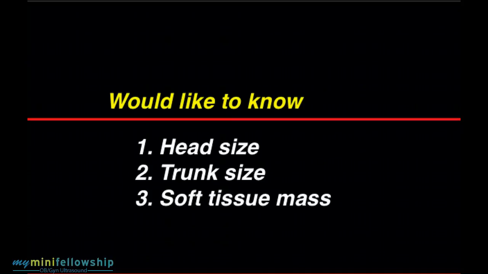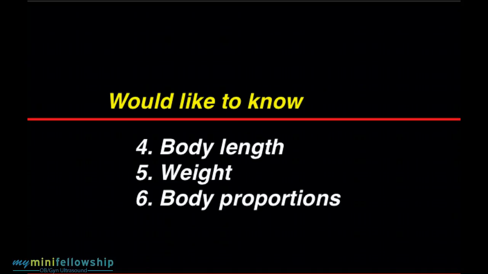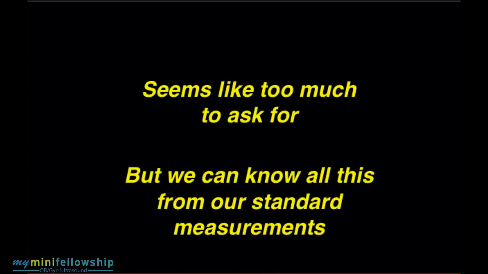There are many things about the fetus that the obstetrician would like us to determine. They'd like to know the head size, they'd like to know the trunk size, they'd like to know the soft tissue mass, the fetus's body length, the fetus's body weight, and all of its body proportionalities. Now that obviously seems like too much to ask for, but in fact, we can know all of these things from our standard measurements.